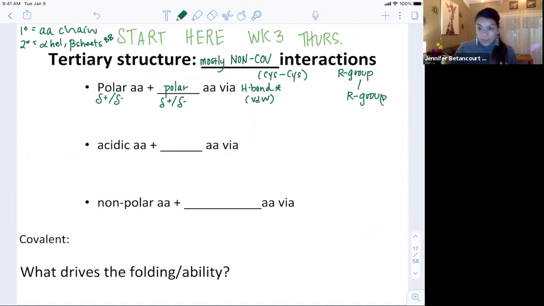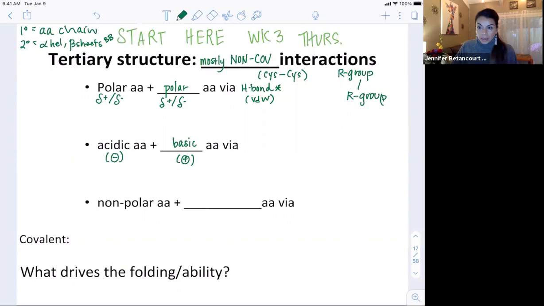All right, so the acidic amino acids, if we remember from that chart, have a formal negative charge. We know that opposites attract. Something that is negatively charged is going to want to interact with something that is formally positively charged, and the positively charged amino acids are called your basic amino acids.